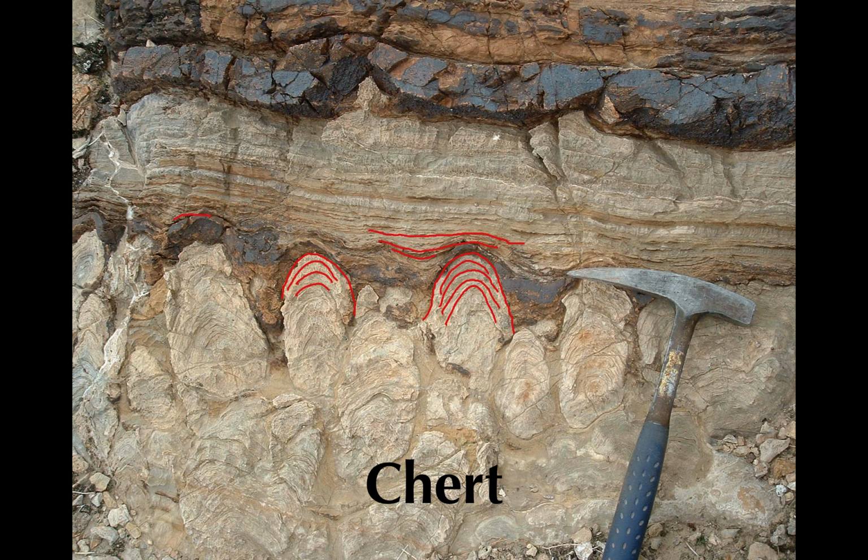And this dark colored rock in this area is all chert. And that chert has incompletely replaced some of these thinly laminated carbonates that sit above the stromatolites. And that replacement probably happened during fairly deep burial.